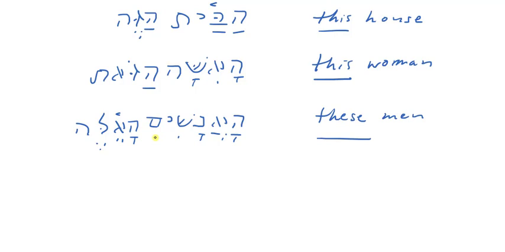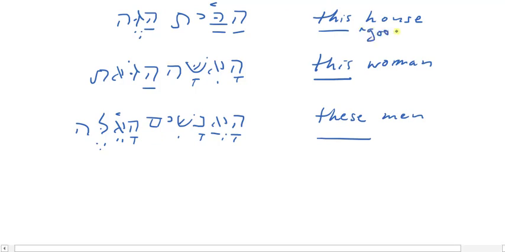What if I wanted to say not just this house, but this good house? Where would I fit good? Would good be a predicate or an attributive adjective in this good house?